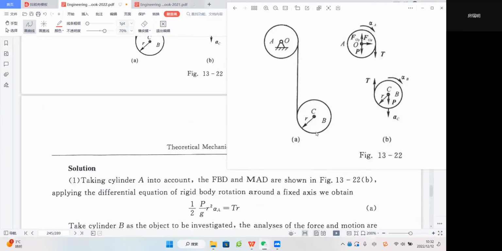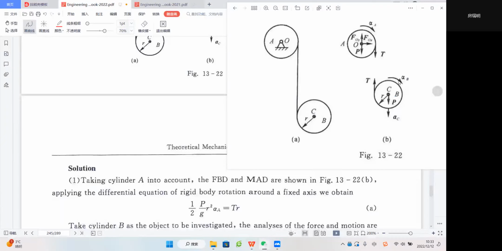So this plane motion cylinder B will move along this string, and at the same time will have a rotation around the mass center C. We also assume that the direction of its angular acceleration alpha B is the same as the direction of alpha A. So here is the FBD of cylinder B and MAD of cylinder B, right?